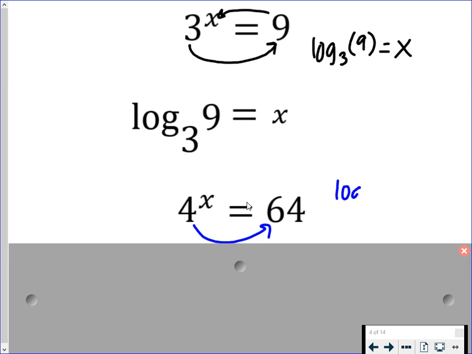So log base 4 of 64 gets me x. I know we can find out what x is, but again, we're focusing on changing forms right now.